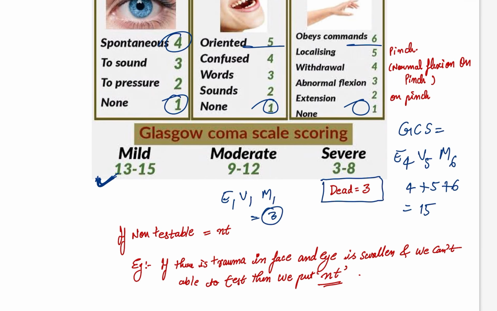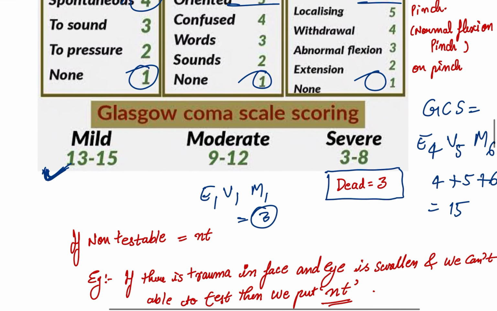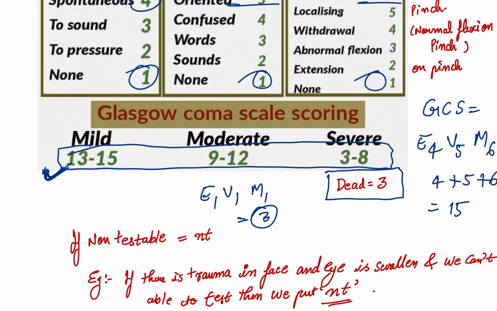Sometimes in the exam the question asks, what is the mild Glasgow Coma Scale, and they give the options 13 to 15, 9 to 12 or 3 to 8. So we have to remember this: mild is 13 to 15, moderate is 9 to 12, and severe is 3 to 8.